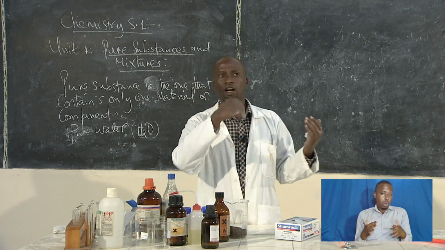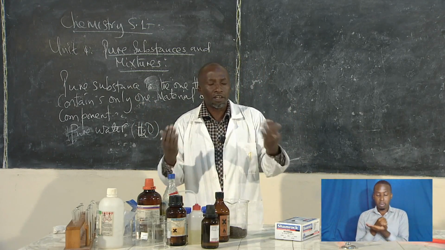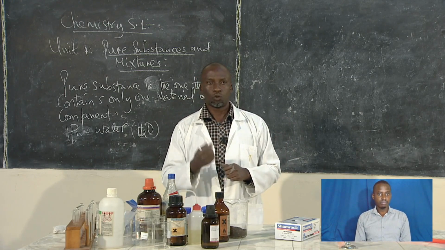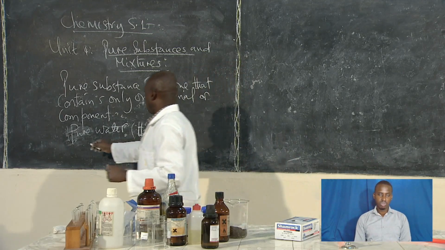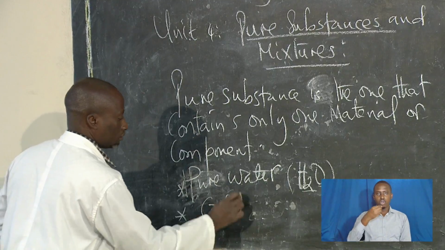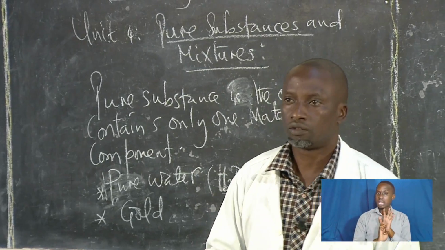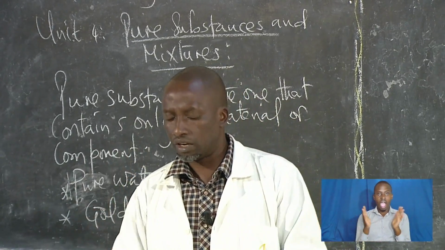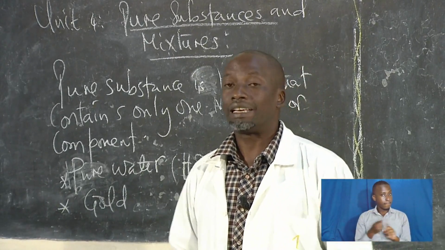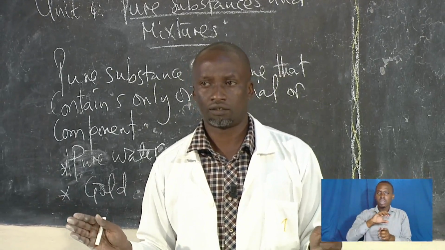Or you can give other substances that you may think also exist in nature as pure substances. Well, let's give another example. You can have gold. Gold is an element, and even though it is found under the earth's crust, it is found in its pure form, not mixed with any other substance.